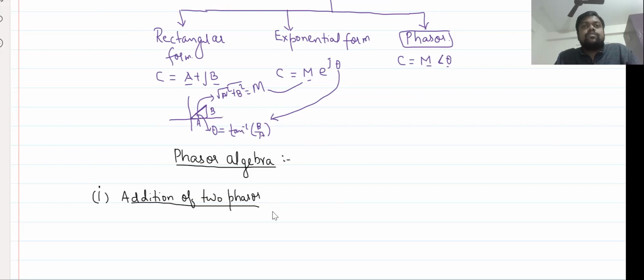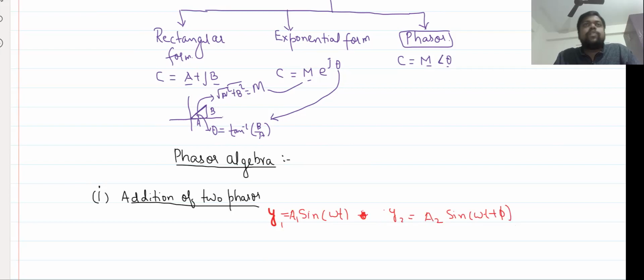Suppose y1 is equal to a1 sine omega t, and we have to add this with y2 is equal to a2 sine of omega t plus phi.